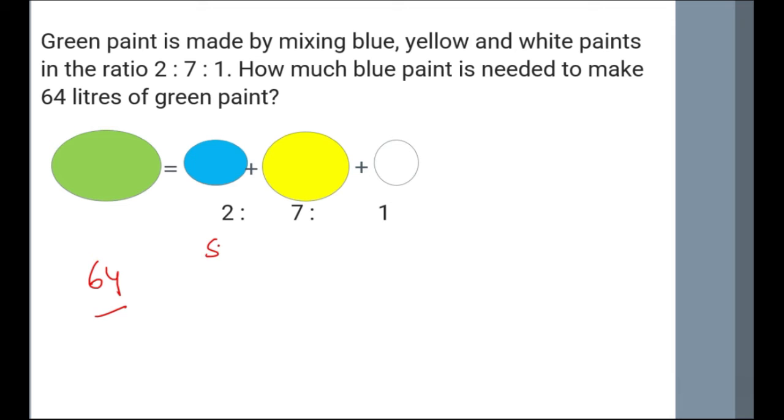First of all, again I told you that the sum of all the ingredients, that is 2 plus 7 plus 1, that is 10, right? So if we have to make 64 liters of green, then 64 multiplied by the portion of blue, that is 2, divided by the sum of all these, that is 10.